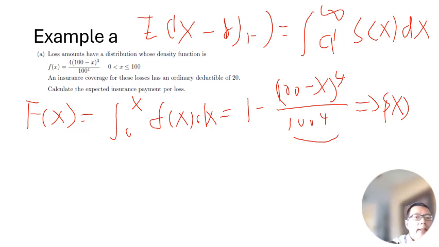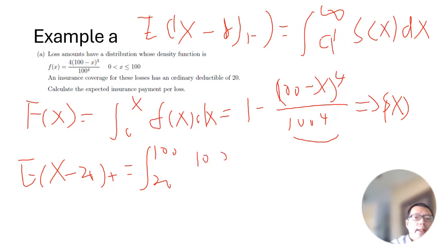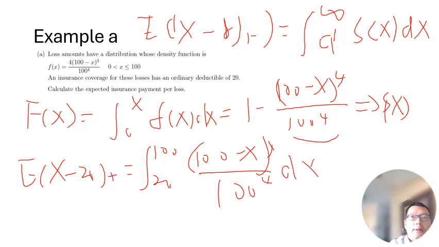Once we have S(x), we can calculate E[(X minus 20)+], which will be the integral from 20 to 100 of S(x), which is (100 minus x) divided by 100, dx. This is a simple integral problem, so I will leave it to you, but the final answer is 6.5.